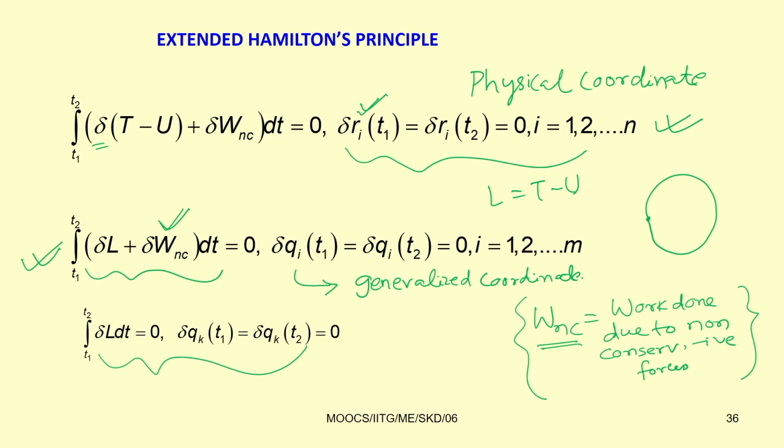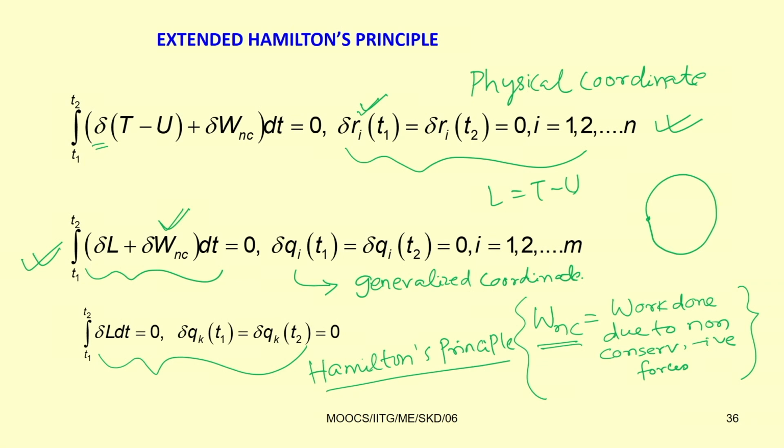When this non-conservative force is equal to 0, the extended Hamilton principle reduces to Hamilton's principle. So, according to Hamilton's principle, integral T1 to T2 of delta L dt equal to 0.